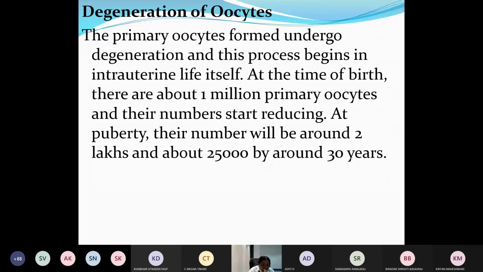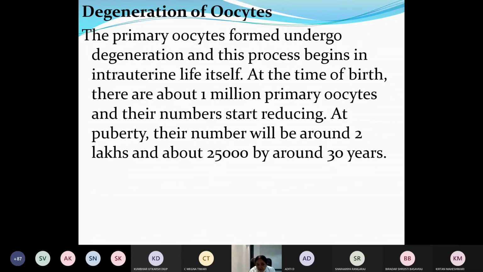Degeneration of oocytes. The primary oocytes formed undergo degeneration, and this process begins in intrauterine life itself.